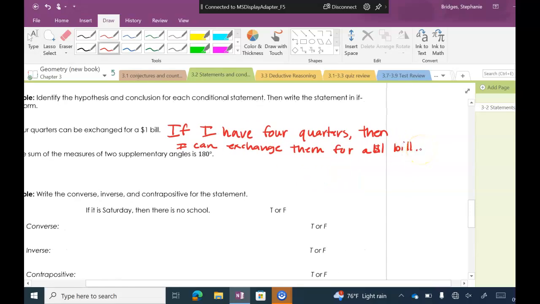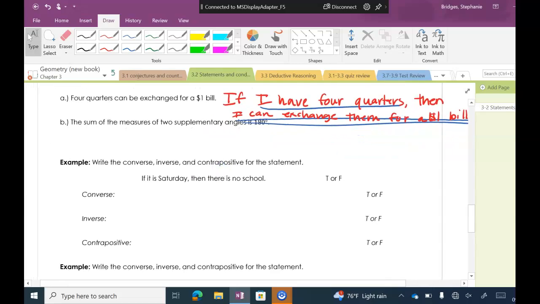And then once you write it in if-then form, you can go back and underline your hypothesis once, your conclusion twice. What's my hypothesis here? And then my conclusion would be? There you go. One looks a little messy, but you get the idea.